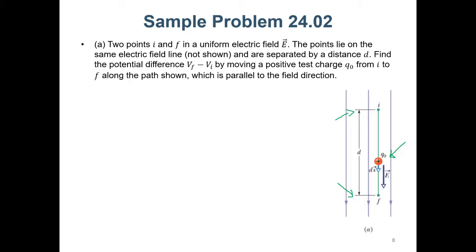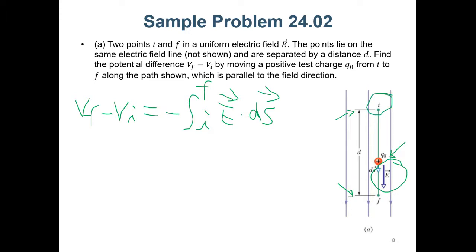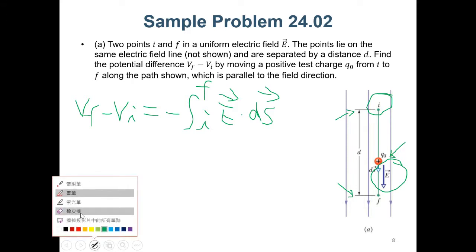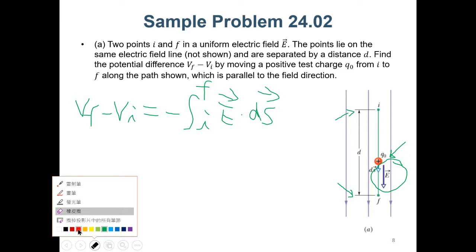So actually, it's very simple. Vf minus Vi equals minus the integral from I to F of E dot ds. E is pointing downward and ds is also pointing downward because it is moving from this place. Too many green, so I change to red.